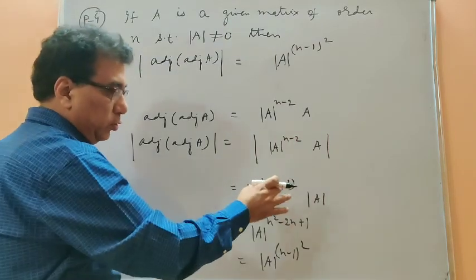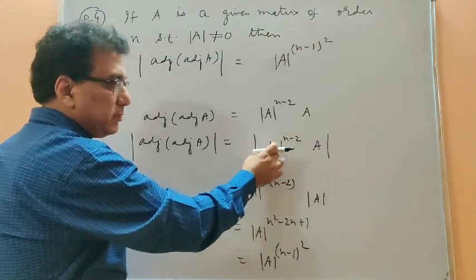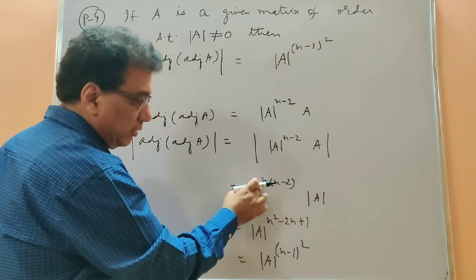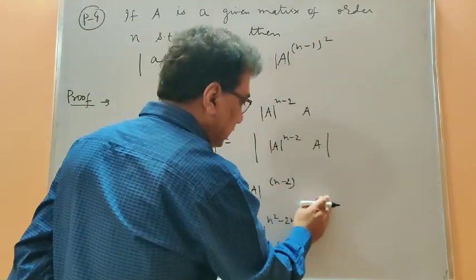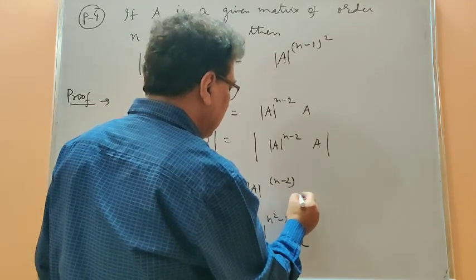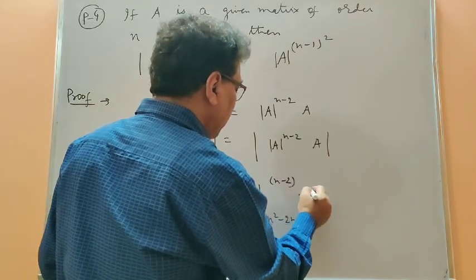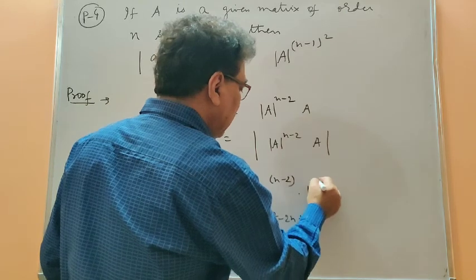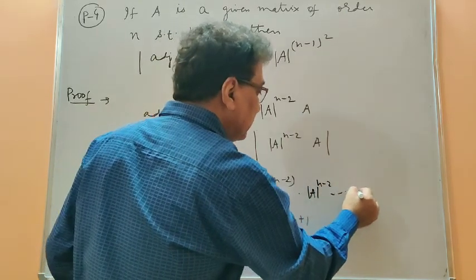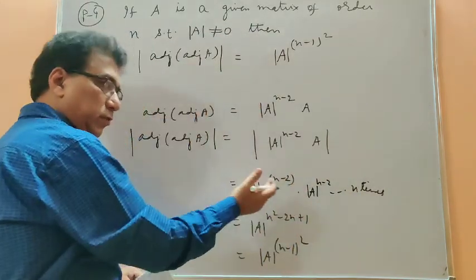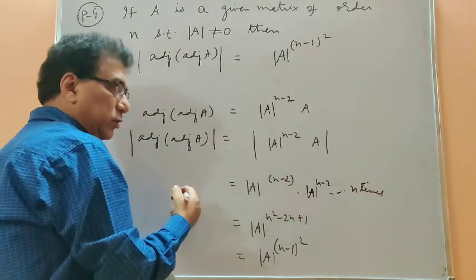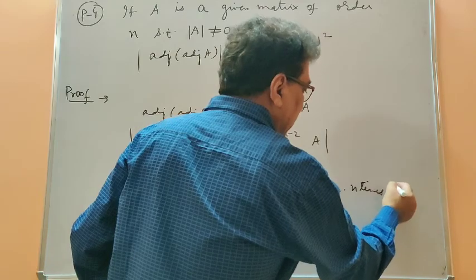So it will come out n times. That's why the power will be this, because I write it here. This will be multiplied by n minus 2 n times, because from each row or from each column this expression is coming out, and then determinant of matrix A.